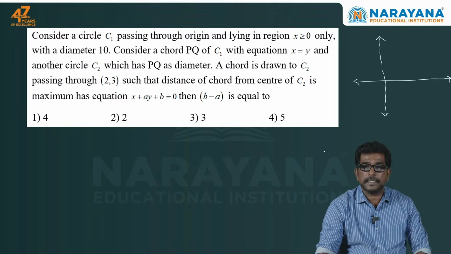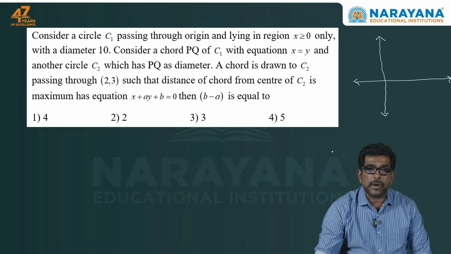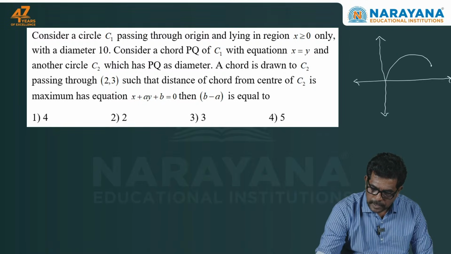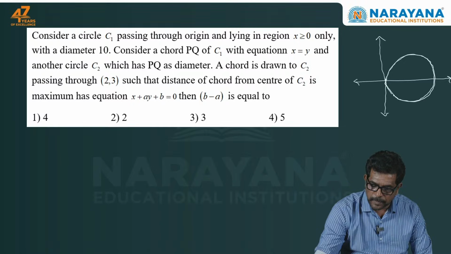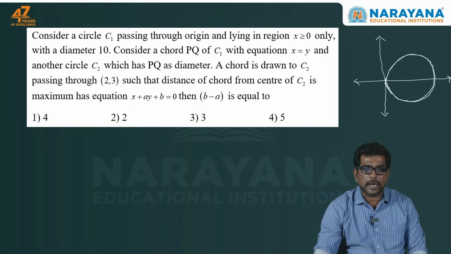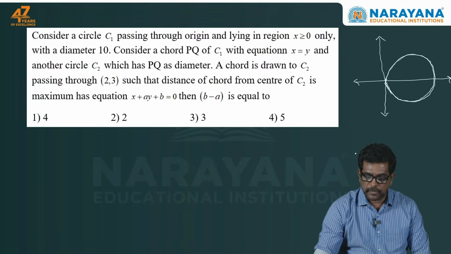The first circle is passing through the origin with a diameter 10. Passing through the origin, and x is always greater than or equal to 0. That means the circle lies completely either in the first quadrant or in the fourth quadrant.